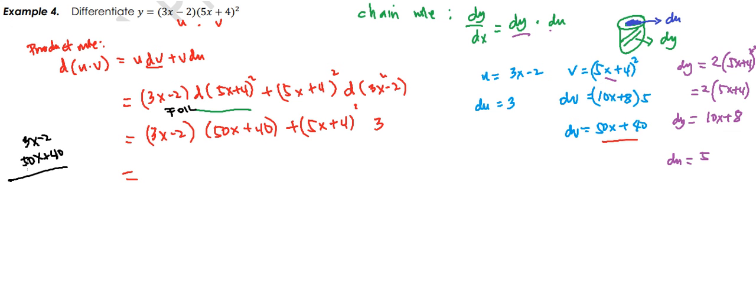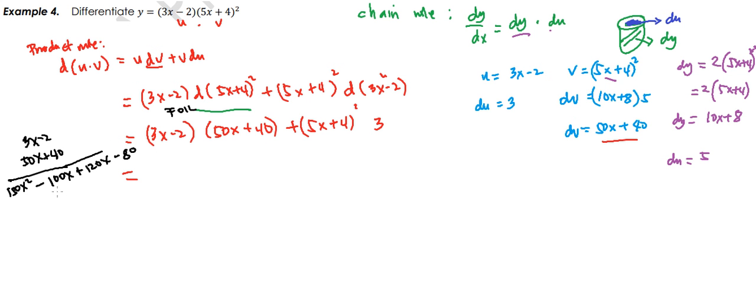So, this will give us 50x times 3x, that is 150x squared minus 50x times 2, that is 100x, plus 40 times 3x, that would give us 120x, then minus, kasi positive 40 times negative 2, that is negative 80.